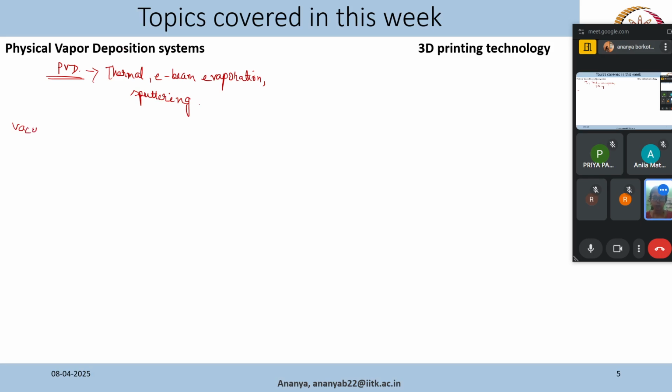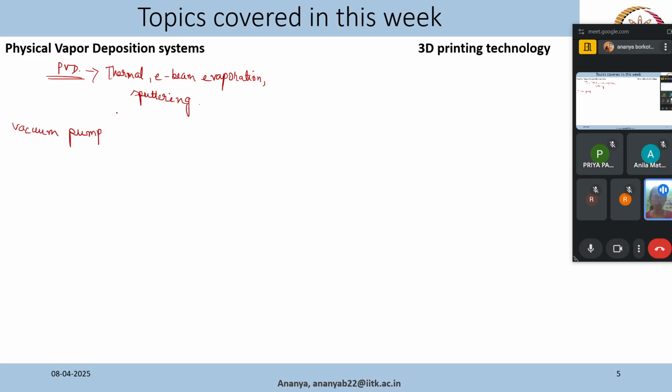There may be more than one vacuum pump, because we often do this deposition at a very low pressure, say 10 to the power minus 7 or minus 5 mbar, which is very low, and we cannot directly use one pump to create that high vacuum. So we often use two pumps.